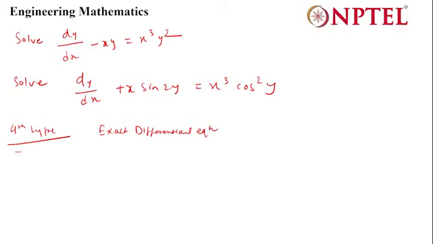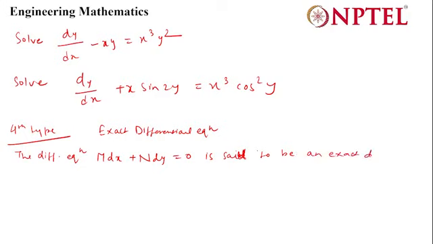So the differential equation M dx plus N dy is equal to 0 is said to be an exact differential equation if the partial derivative del M by del y is equal to del N by del x.